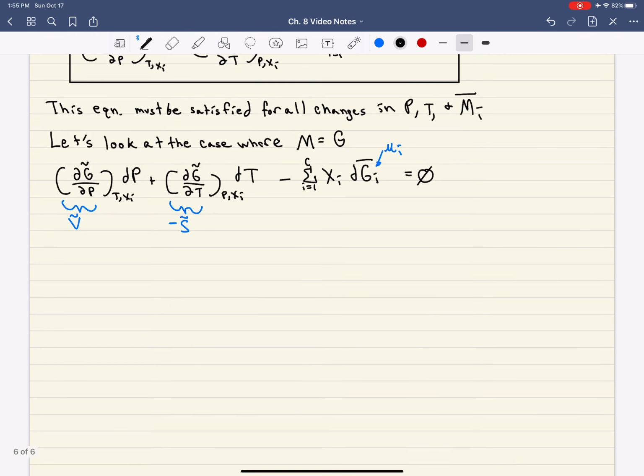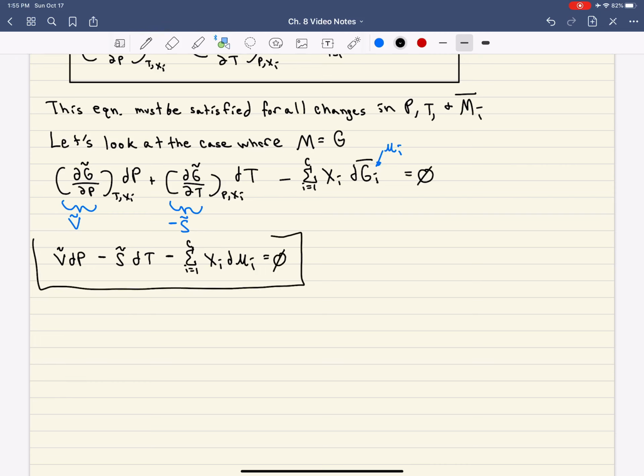And so combining all these things together, what we get is that V dP minus S dT minus the summation of x_i d mu_i is equal to 0. Okay? And so this equation has a name. It's known as the Gibbs-Duhem equation.